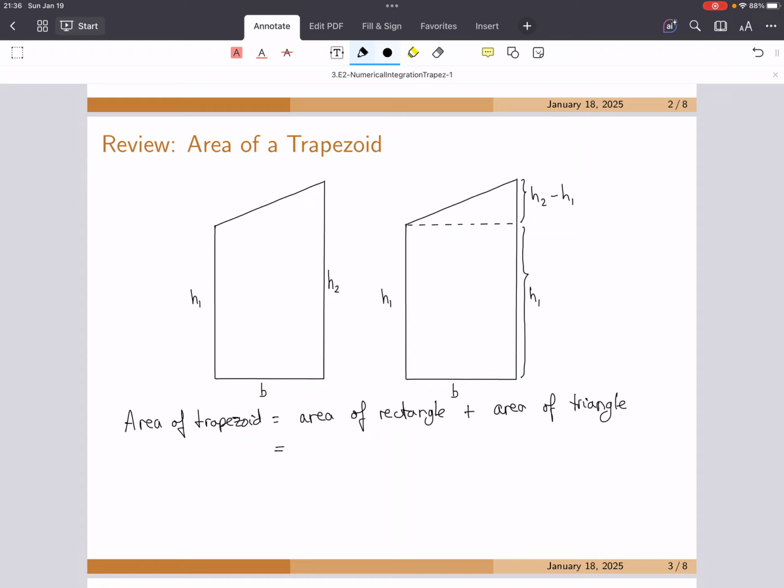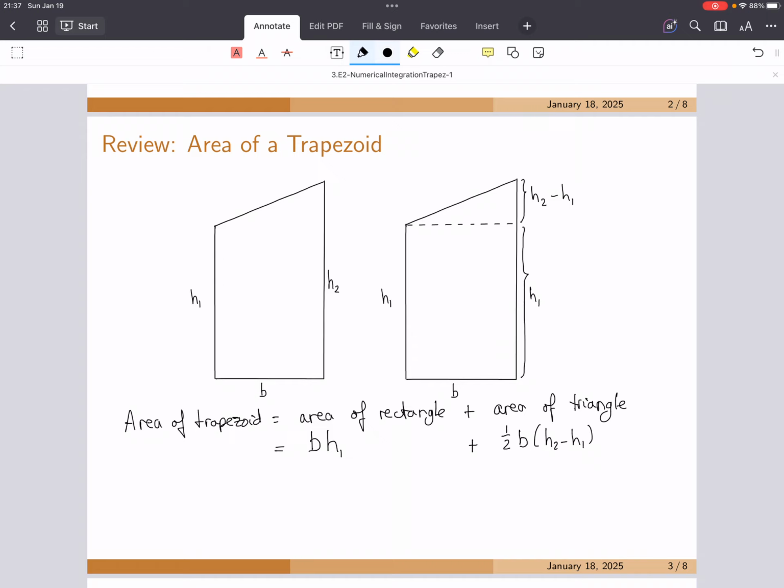And the area of the rectangle, well, the area that has base b, and the height of that rectangle is h1, so we have b times h1. And then the area of the triangle, well, that's half times the base b times the height, and the height of that triangle is the difference of the original height h2, but we're taking away the height h1. So it's half b times h2 minus h1.